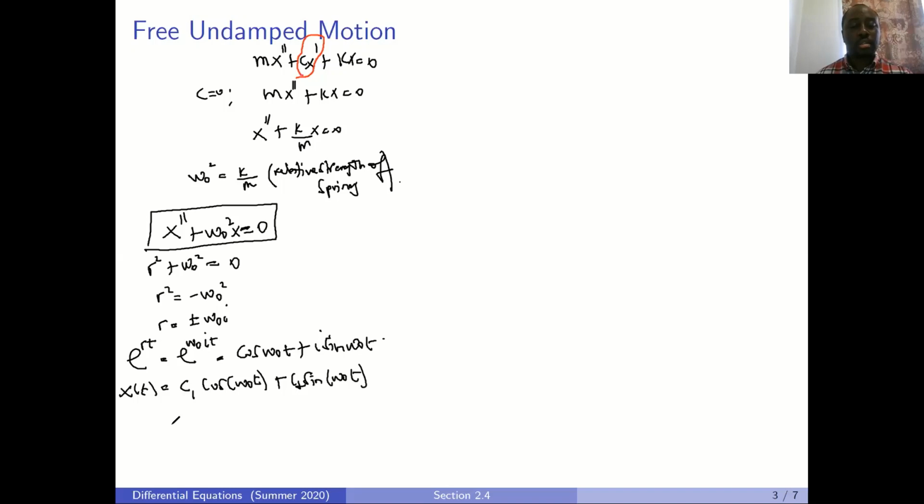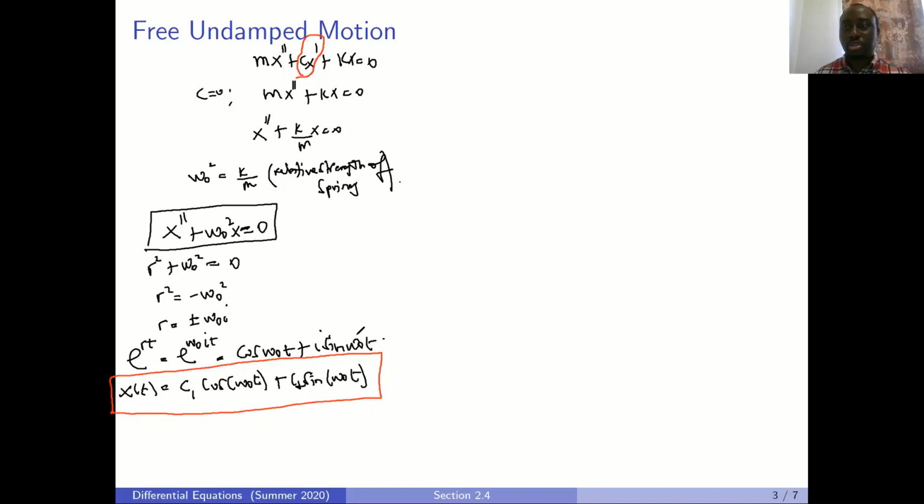So this is the nature of the movement of the object. One thing to immediately notice is that if there is no dashpot, then this object is just going to vibrate forever, because the cosine and the sine are both periodic functions, and so they're going to keep moving up and down, up and down, for all time.